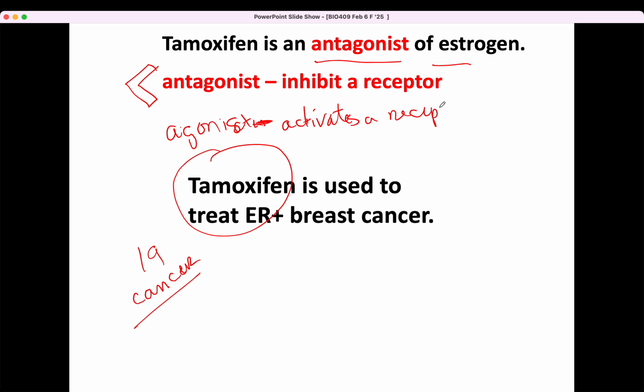So we have to learn those terms. And an antagonist and an agonist have an additional specific feature, and that is they do that by binding directly to the receptor.